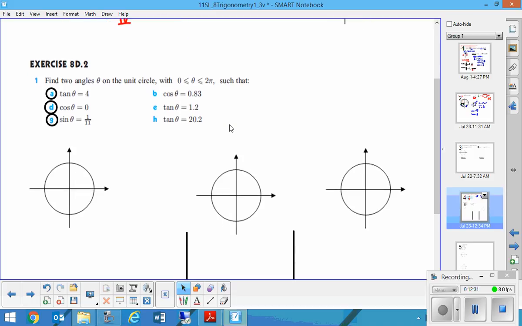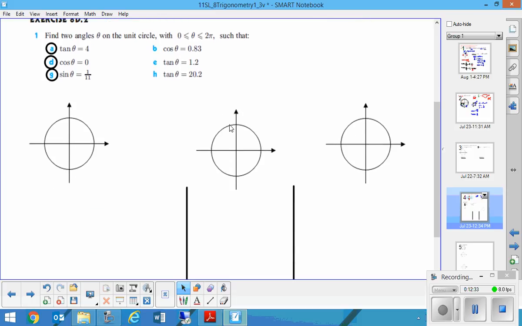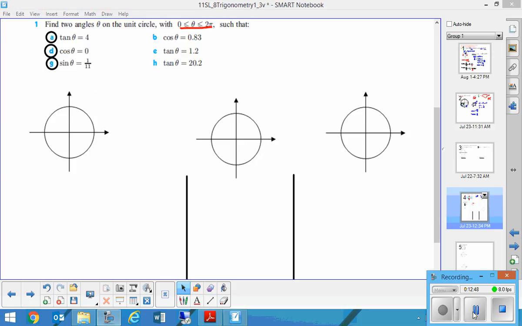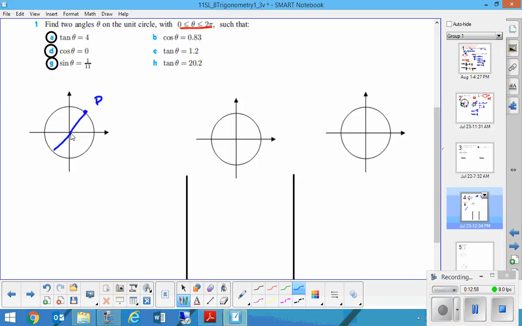So if we have tan theta equals 4, that means the slope of the line is 4. If we look at our domain, we're between 0 and 2 pi. So here's our point. If it's got a positive gradient, it means it's sloping upwards with a gradient of 4. It could also mean the point was down here.